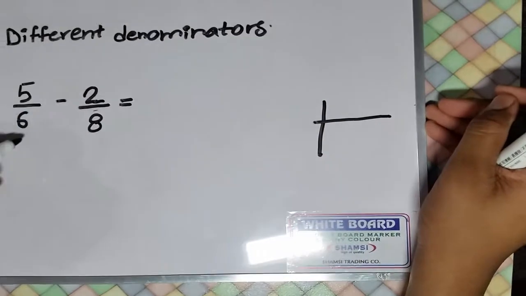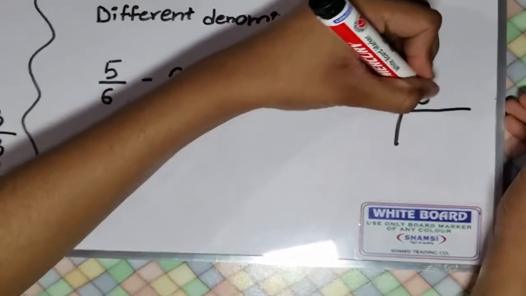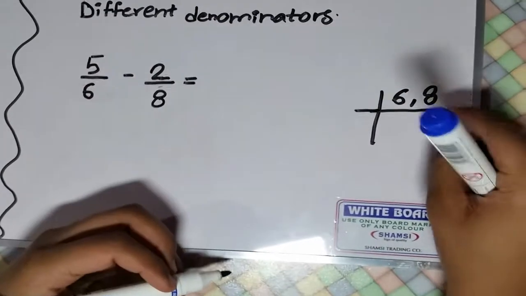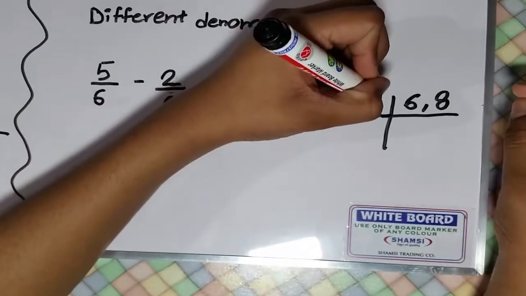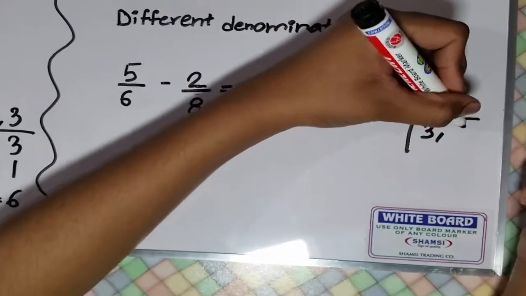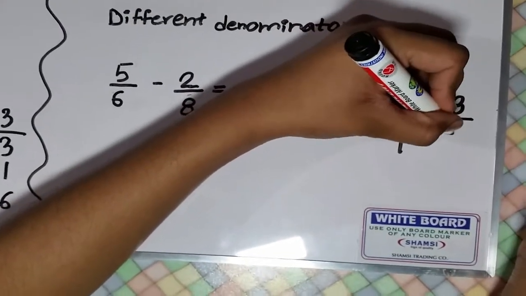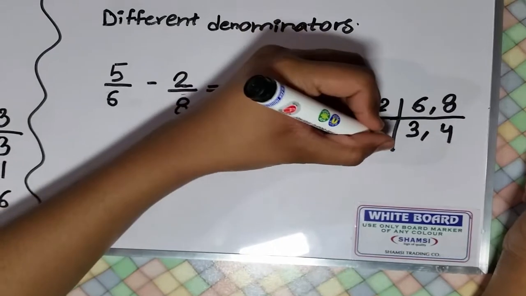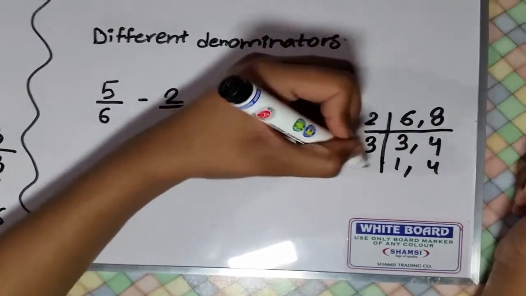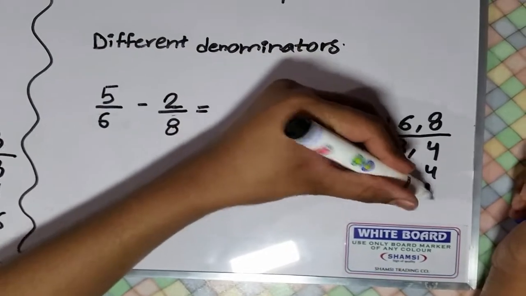This time the denominators are 6 and 8. So 6 comes in 2's table with 3, and 8 comes with 4. So now we take 3 1's are 3, and 4 1's are 4.